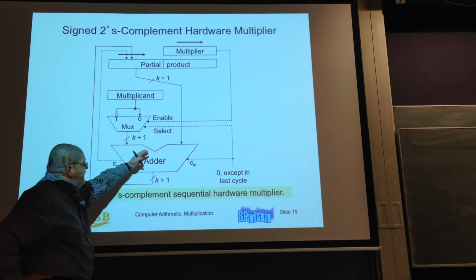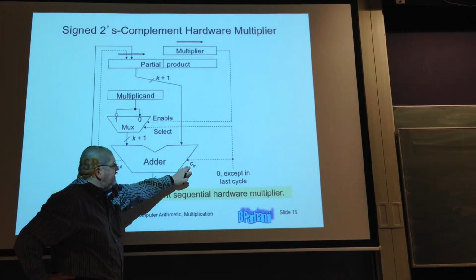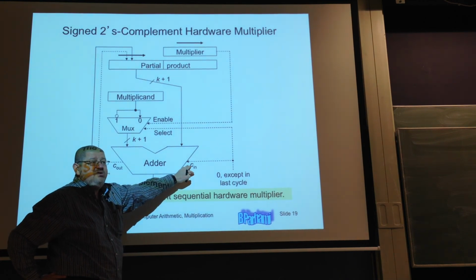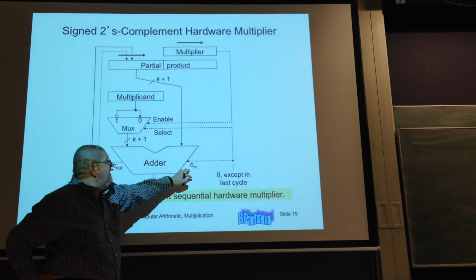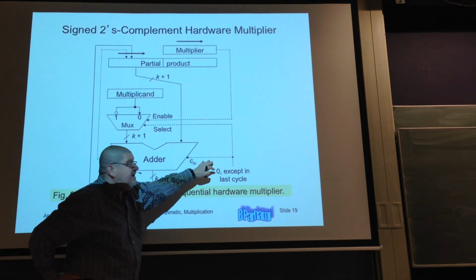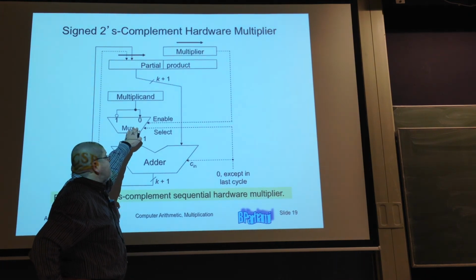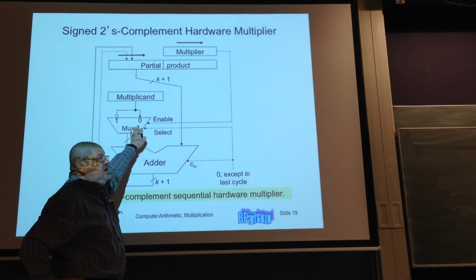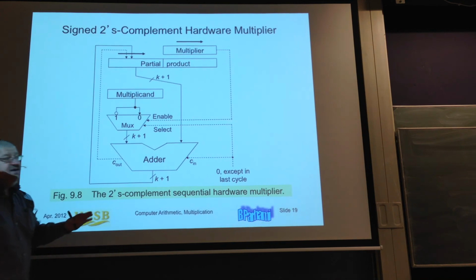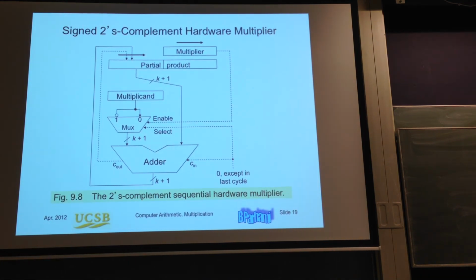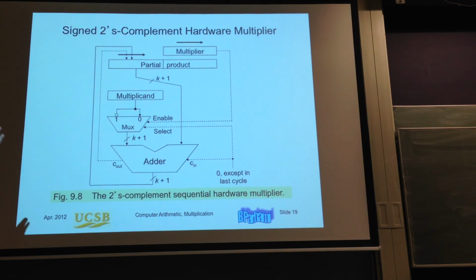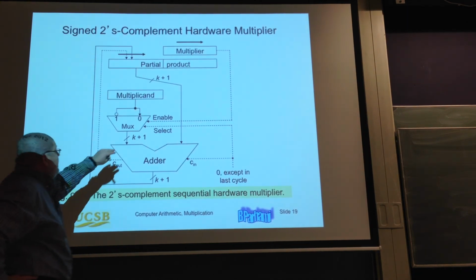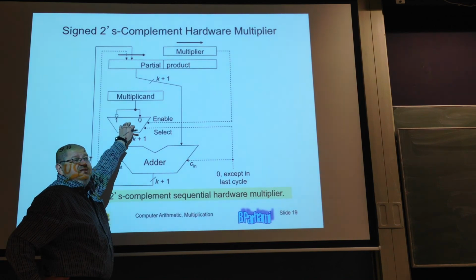Now I am controlling the adder with a carry in, which will always be 0 except in the last cycle, because in the last cycle I have to do a subtraction. And that carry in, in the last cycle, will also tell me that here I have to do an inversion. And I have a mux, which is a kind of non-standard mux.